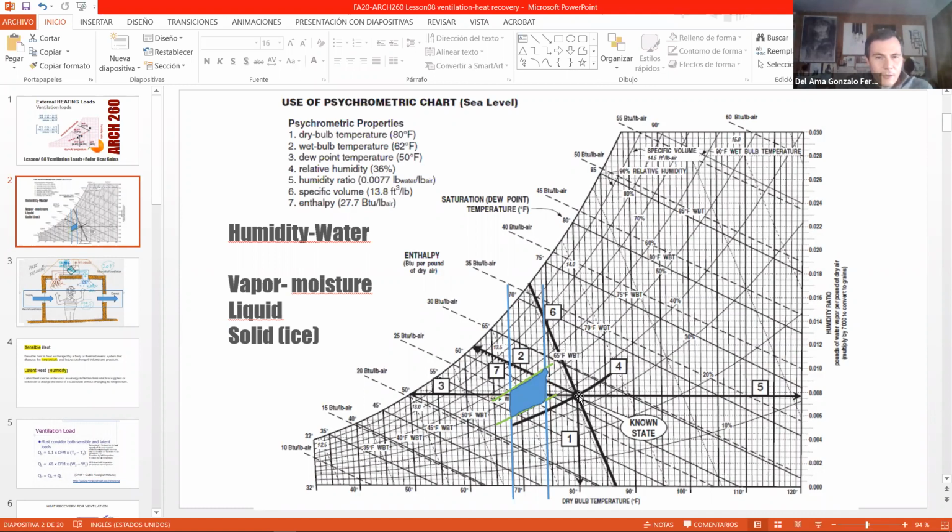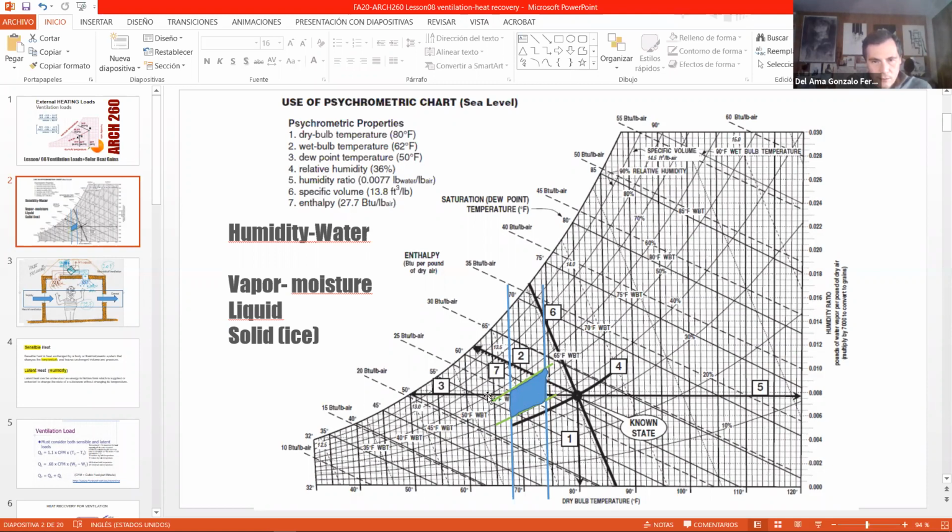And now, if we want to calculate, for example, the dew point is 50. So from this point here, if we have fixed dry bulb temperature and relative humidity, then going to dew point is number 3. So going leftwards horizontally, here we have the same scale. So this is 50. You see that the dew point temperature is 50 here.